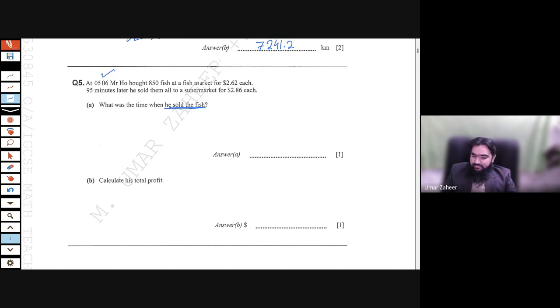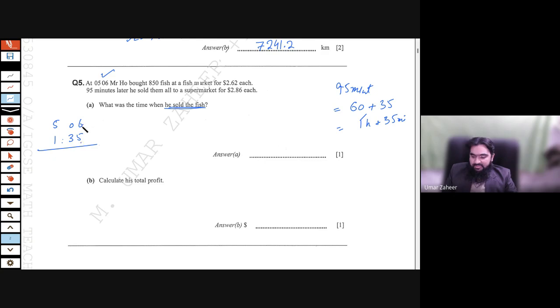He starts at 5:06. Take 95 minutes. 95 minutes means 1 hour and 35 minutes, right? If you convert 95 minutes into hours, we break it into 60 minutes and 35 minutes. 60 minutes means 1 hour plus 35 minutes.